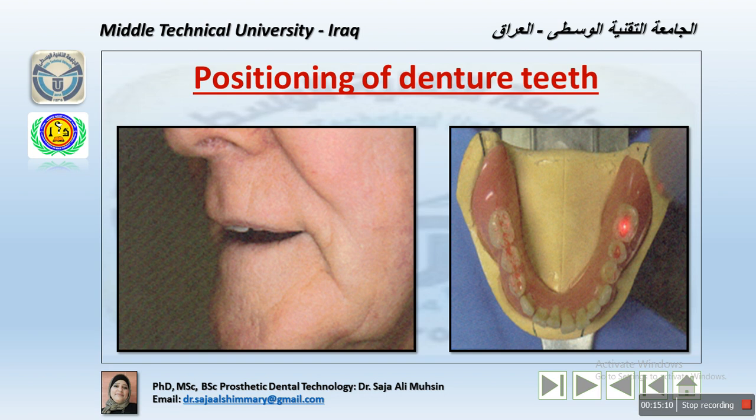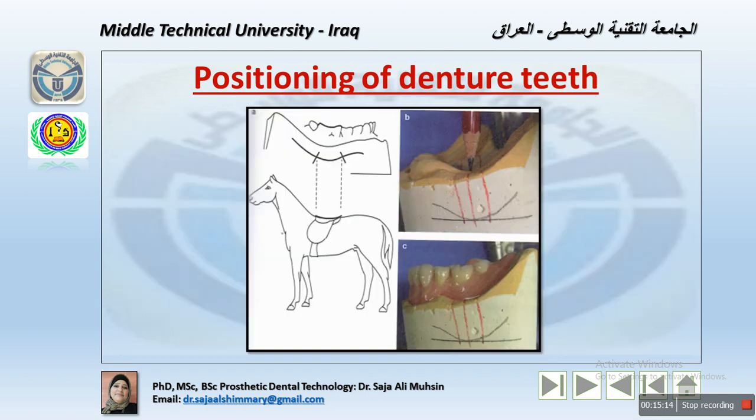So coming to the stability during chewing, by centering the primary chewing teeth over the most favorable part of the ridge. It is analogous to the position of the saddle on the horseback, as shown in this image.